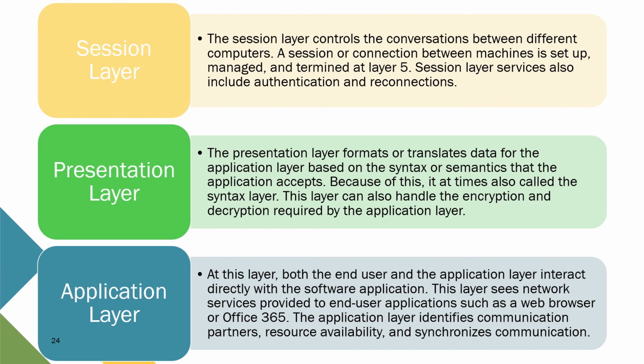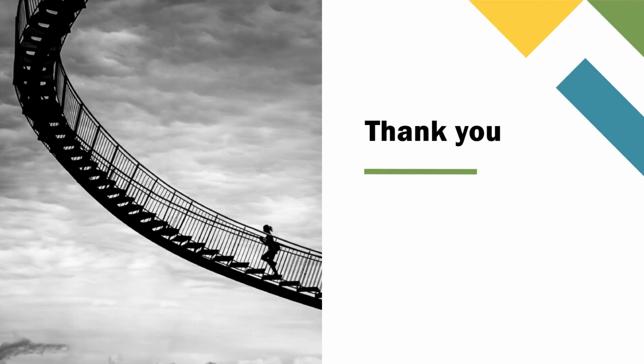We are able to see it on the screen in a way that we can read. That is where the application layer takes place, because all this data will go to interact with the software, and the software will transform it into something we are able to look at. This application layer also identifies communication partners, resource availability, and synchronizes communication. So that's it for this part. We're going to continue in part 2.